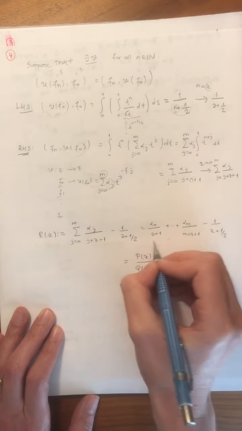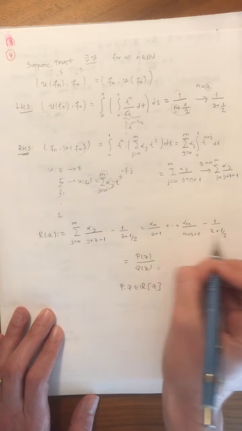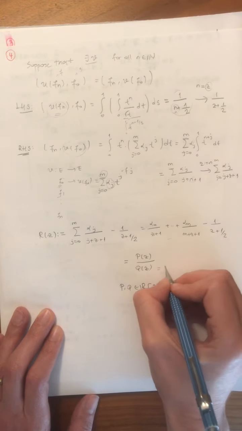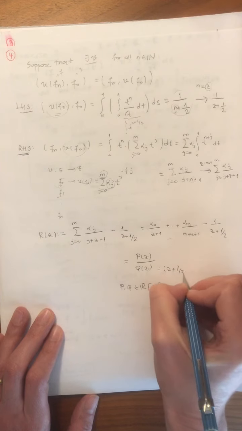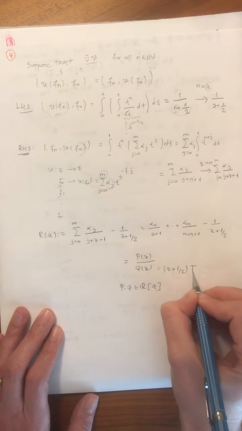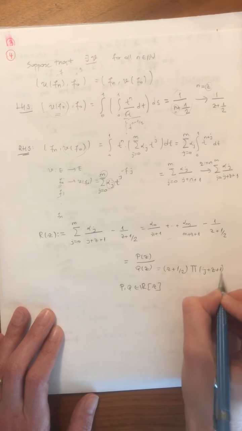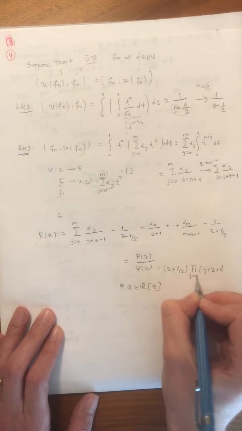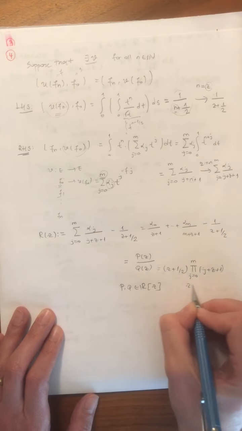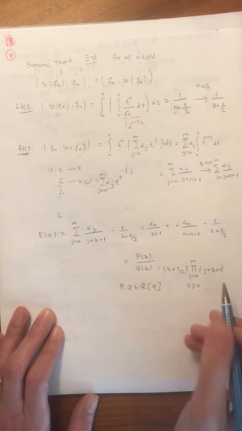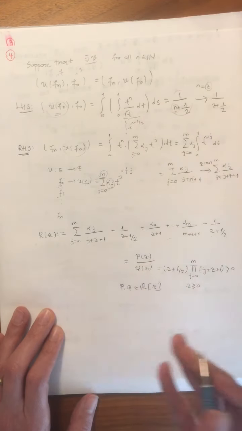And again, after setting the denominators equal, we see that actually the denominator is equal to this polynomial. And for all positive numbers, like natural numbers, this is always strictly bigger than 0.